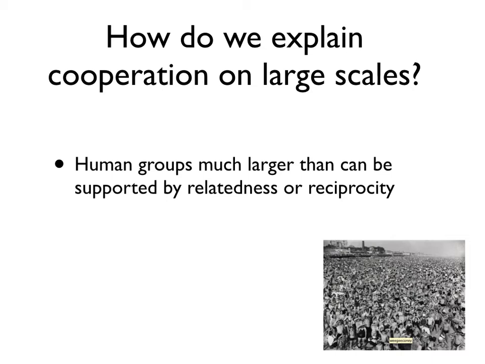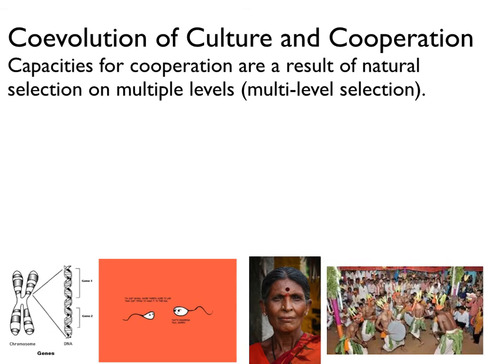And this is a mystery of how we can gain such large cooperative groups, or cooperative groups with non-relatives, or in anonymous situations when you might not be benefiting. So how can we produce this suite of behaviors if you're not making up for the cost that you're paying to help other individuals? And it might be due to this coevolution between culture and cooperation.